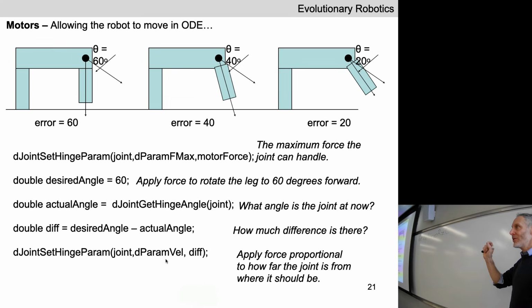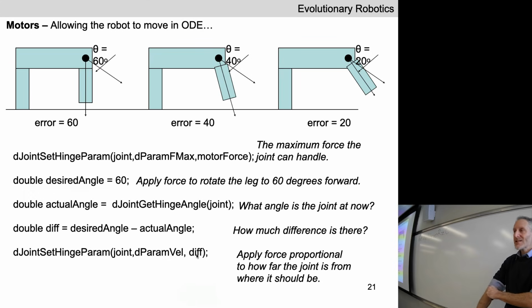Remember, the ultimate or deepest currency in every physics engine is forces. The physics engine, every time step, is summing up all the forces that are acting on an object and then determining how to change the position and orientation of that object accordingly. Okay, so this difference is positive, 60 minus 0 is 60, so we're sending 60 in here.